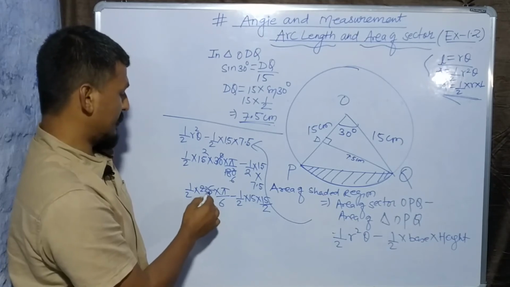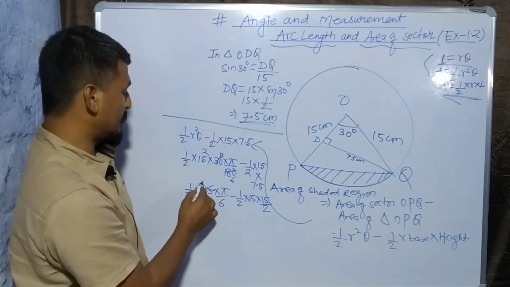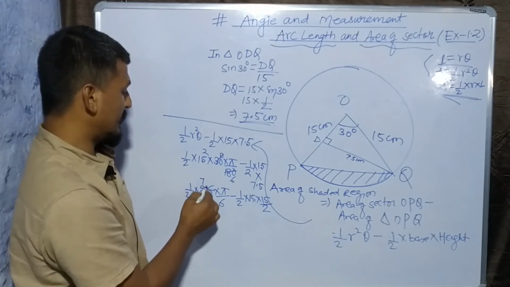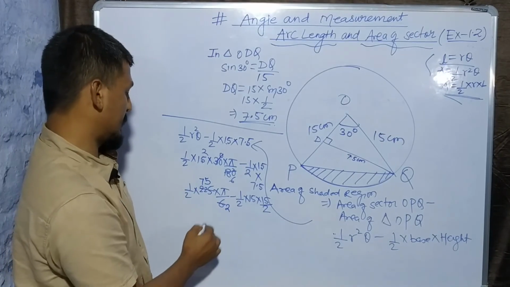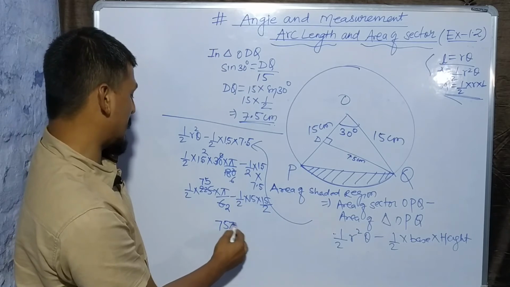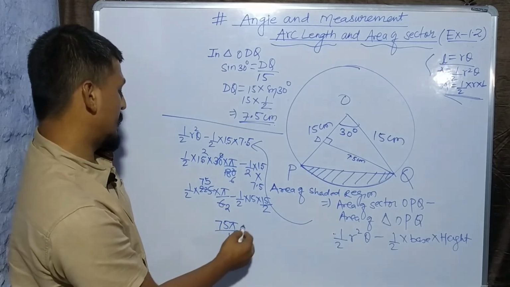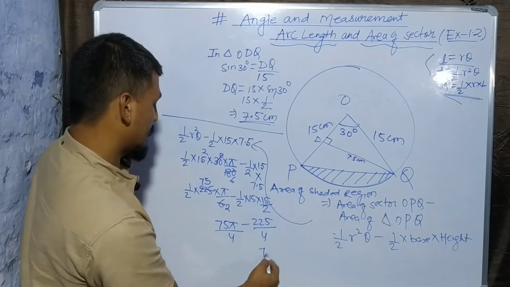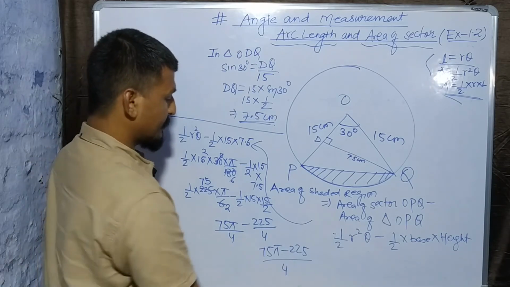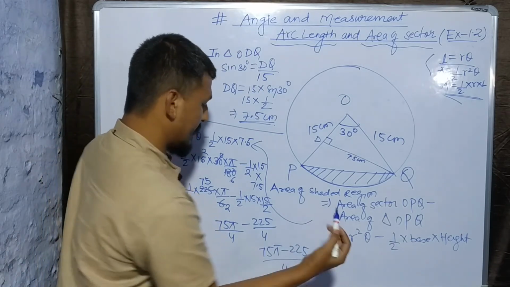Now this is divisible by 3. So this becomes 75 pi by 4 minus 225 by 4 square centimeter.